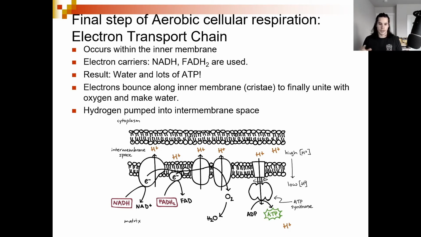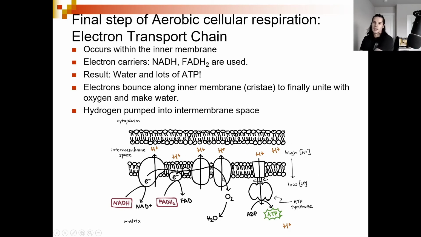You're kind of churning the wheel of a wind turbine, for example. You're moving hydrogens into the space. So electron moves, pump hydrogen, moves, pump hydrogen. And so now you're pumping all of this hydrogen into this intermembrane space.